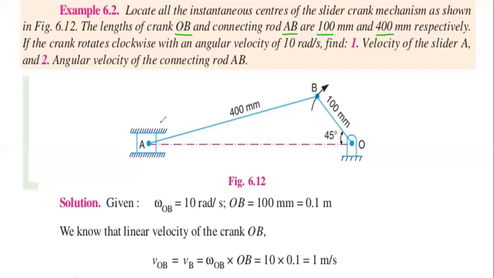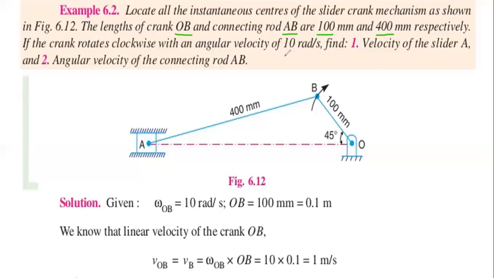In these 4 links, they have given the lengths of 2 links: the crank radius is 100 mm, and the connecting rod is 400 mm in length.